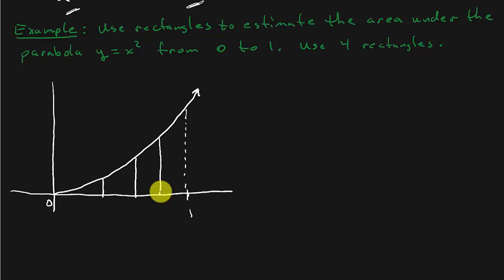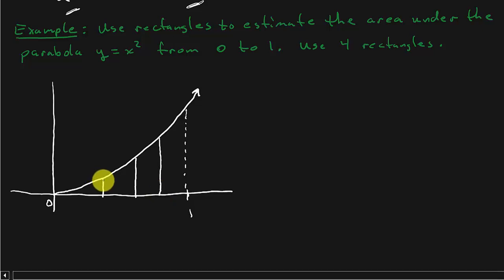So right endpoints, that means here, here, and here, and here, we're going to draw our rectangles. And I know that first rectangle is kind of wide, but just keep in mind these distances, from here to here, here to here, they're all the same, okay? I know this one's a lot wider, but I'm not going to take the time to redraw it to get it to look right.